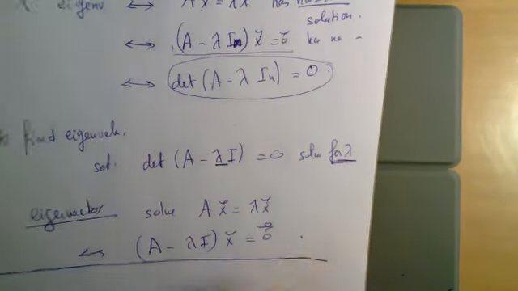And now, of course, let us start with examples where we're going to do the whole thing. I will give you a matrix, and we will find the eigenvalues and the eigenvectors, and we will check if our work is correct or not. So here is our first example.